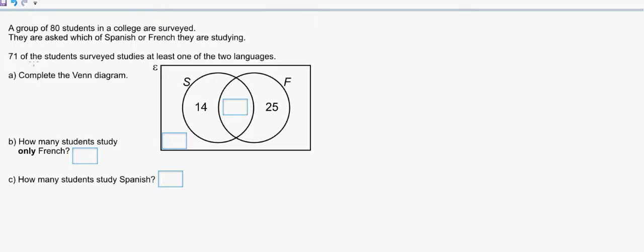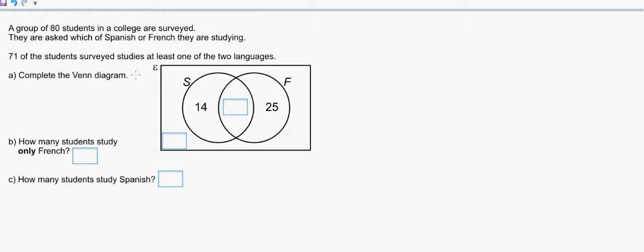Okay, so 71 students are studying either Spanish or French or Spanish and French. Okay, so 71 are studying a language. So complete the Venn diagram.